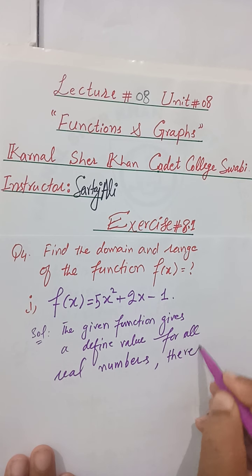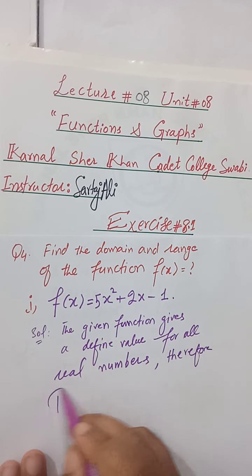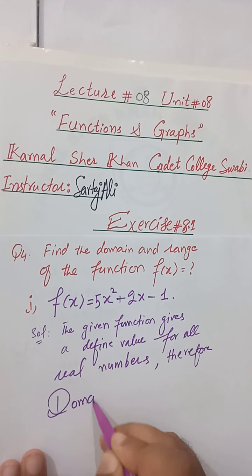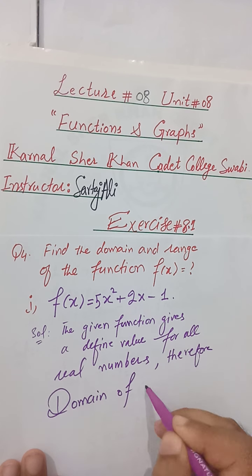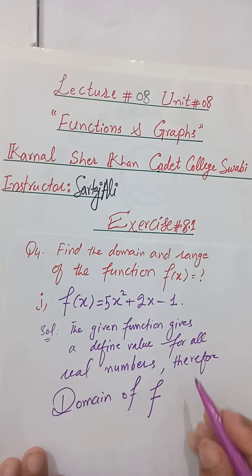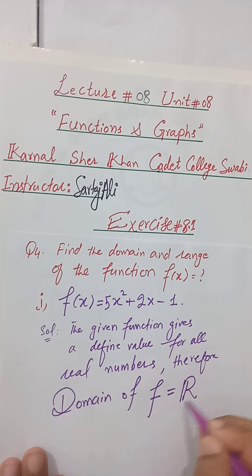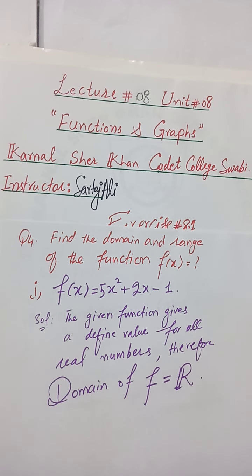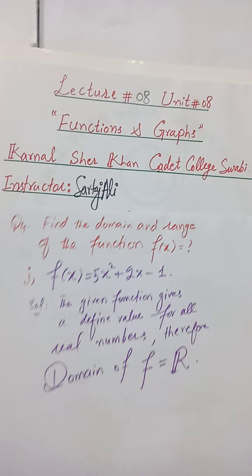Therefore, domain of f equals the set of real numbers R. All the real numbers give a defined value when you plug them in this function, and when this function operates on that real number, you will get a defined value. So this is the domain.